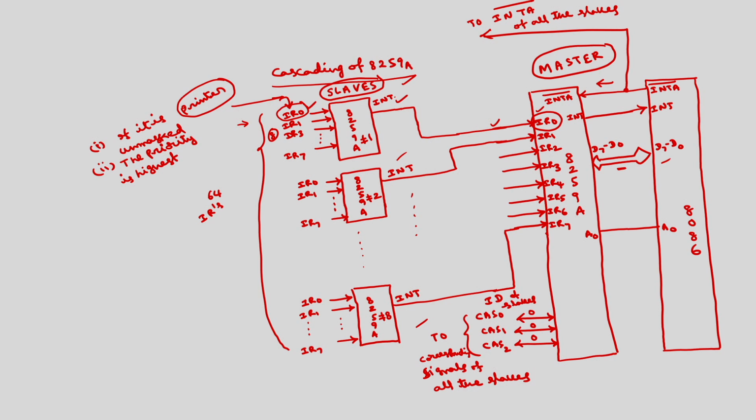Now, based on this cascading of 8259 operation, I can discuss initialization command word 3 and initialization command word 4. Let me take the format of initialization command word 3.